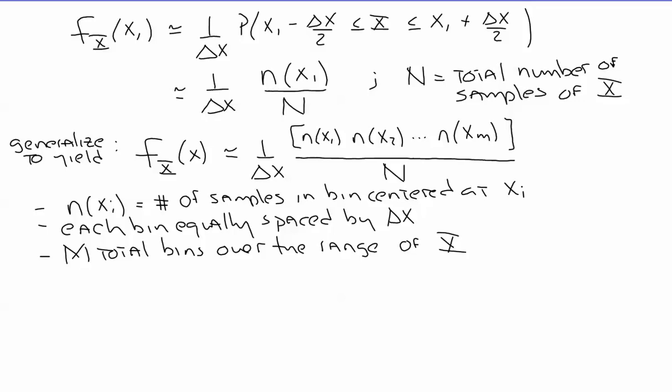And in particular, the summation of k equals 1 to capital M of n x sub k equals N. So if I add up the number of points in each bin over the total of M bins, I get the total capital N number of sample points.